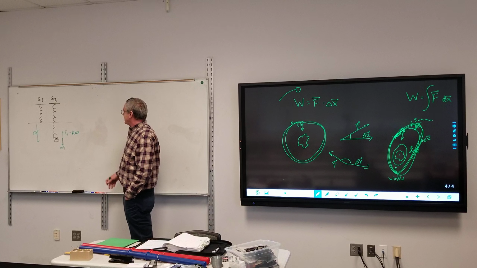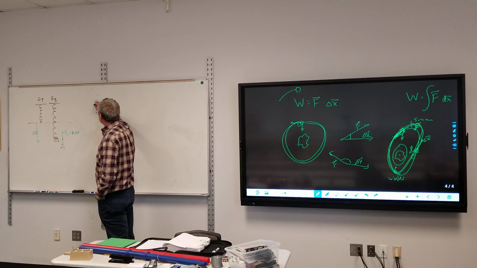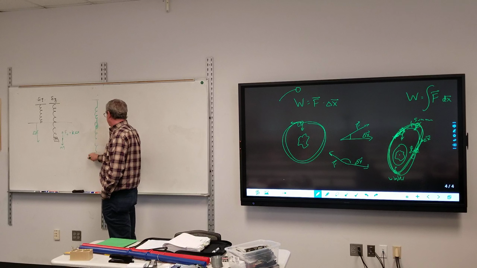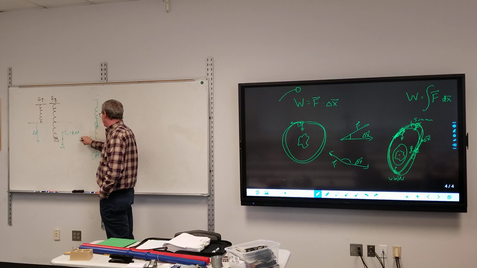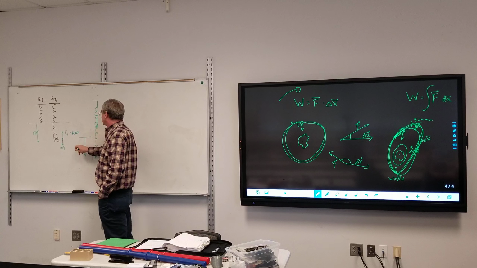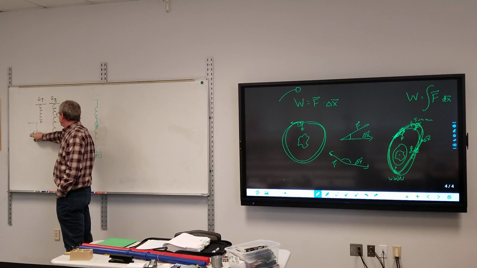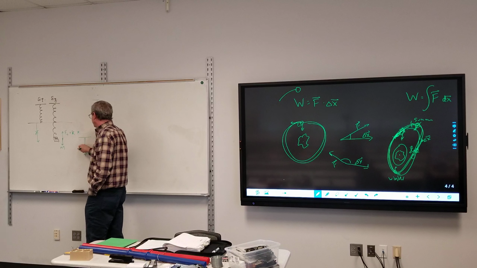Now I'm going to take that mass, pull it down, and let go. I pulled it down this far, so I've extended it a distance. Instead of putting a delta there, I'm just going to make that x, and I'm going to make this y.